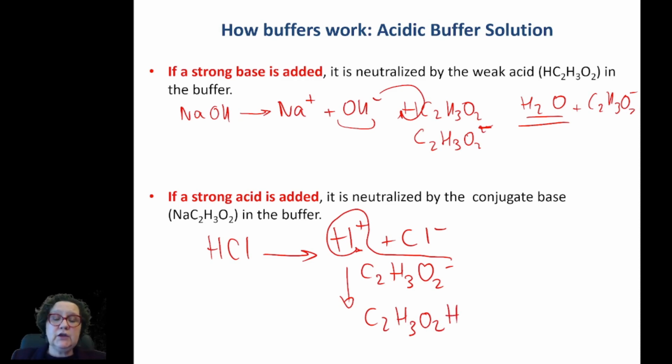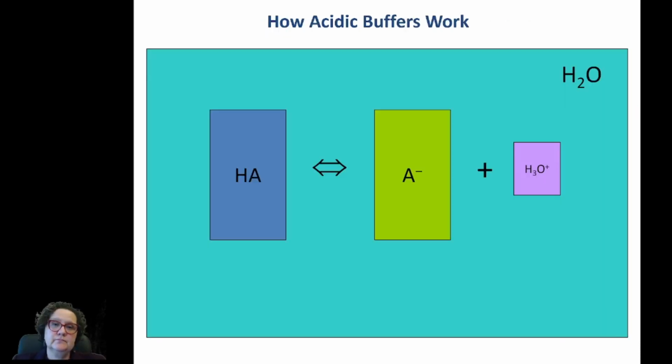So suddenly you might not have any hydrogen ions free, or just a few, depending on how much acetate you have in the solution. That's why you need a weak acid and its conjugate base, or a weak base and its conjugate acid, because you need a part of the buffer solution that will react when a base is added, and a part that will react when an acid is added.